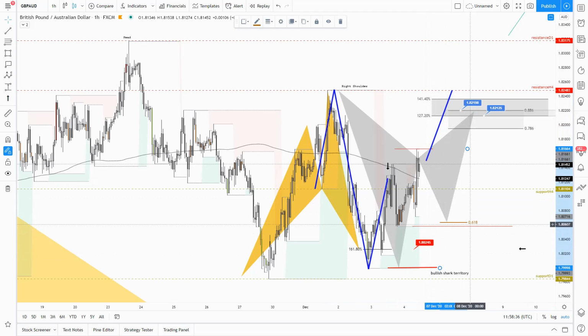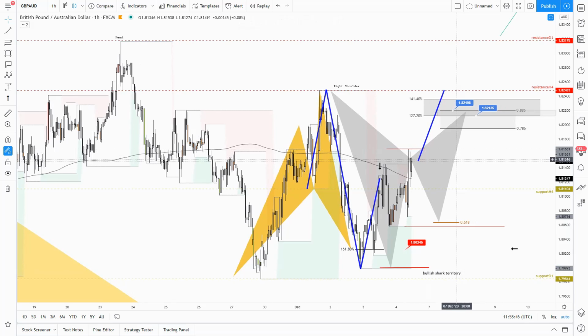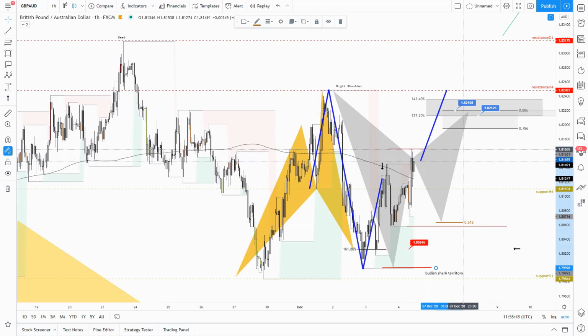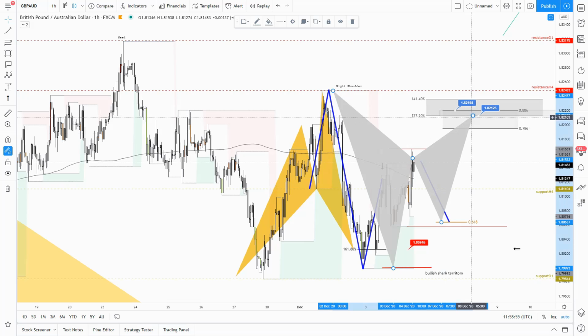So this is the 61.8% Fibonacci retracement level from these lows to the most recent highs. So I need to see a retracement back to the golden Fibonacci level in order to consider then later the eventual bearish Gartley pattern.